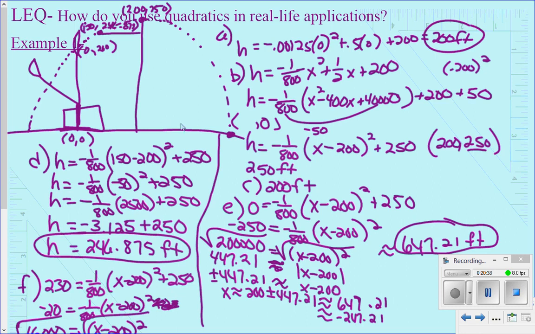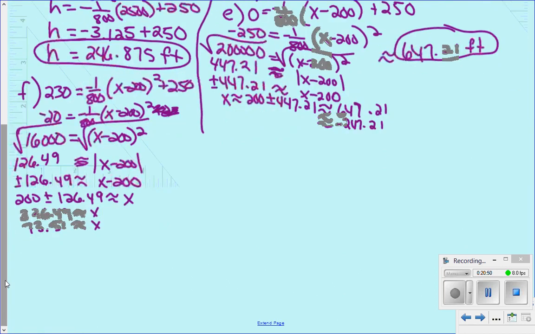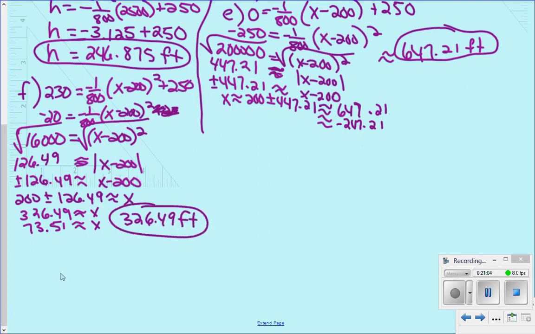Because we have those two numbers, and we have one that's so far away, and the other one that's even further away. So we want the number that's bigger. That would be the furthest distance away from 0. So we want the 326.49 feet. That is the one that's the farthest away from that 230-foot wall.